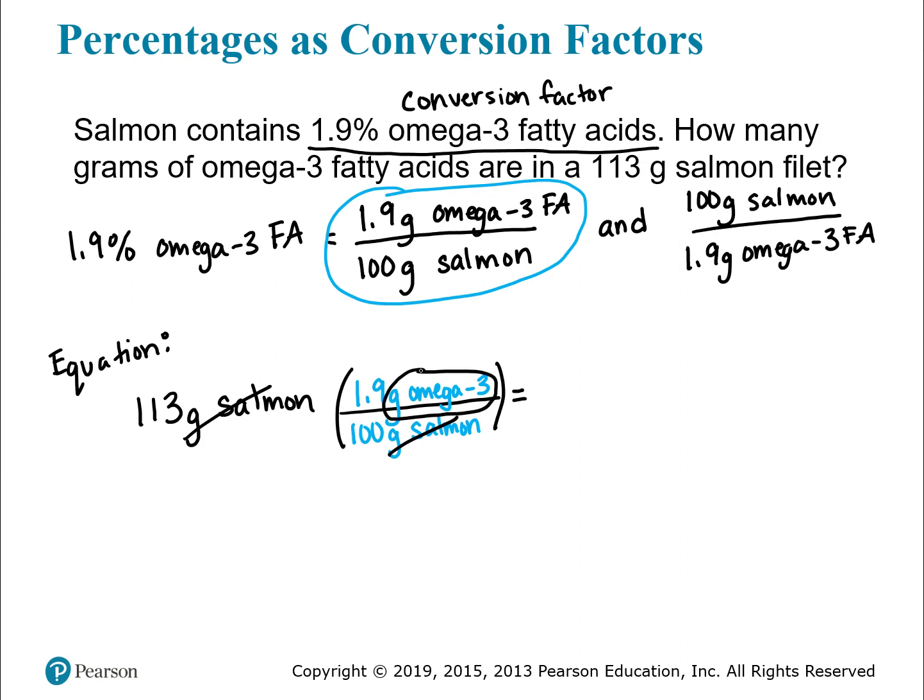Always make sure that your units cancel. Now that we know when we do this, we're going to end up with grams of omega-3 fatty acids, you can put it in the calculator.